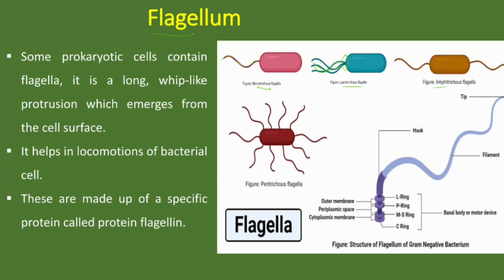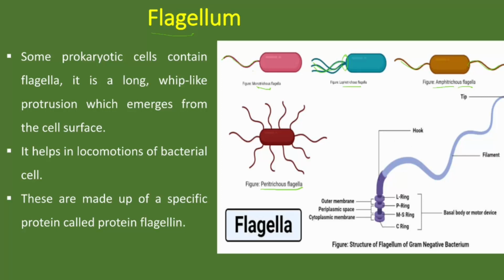Then there is amphitrichous, meaning a flagellum is present at both ends. And lastly the peritrichous, meaning flagella are present all over the surface of the bacterial cell.